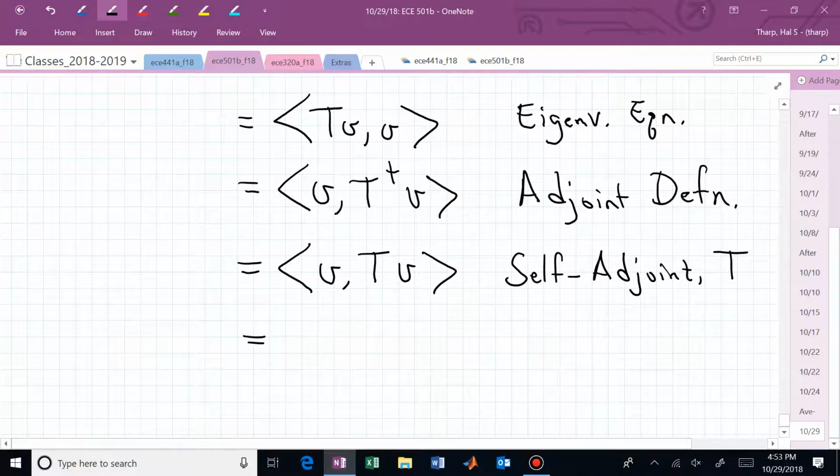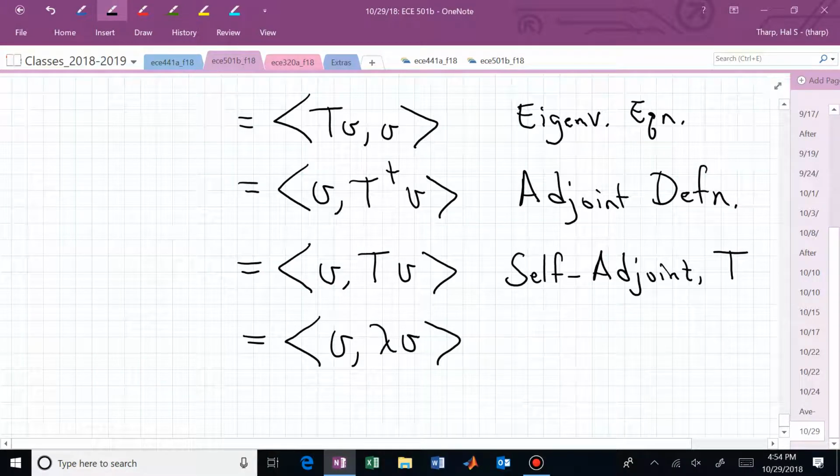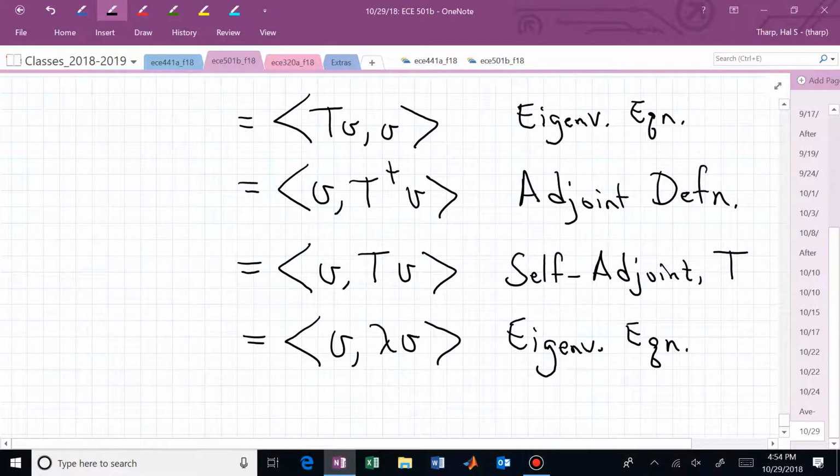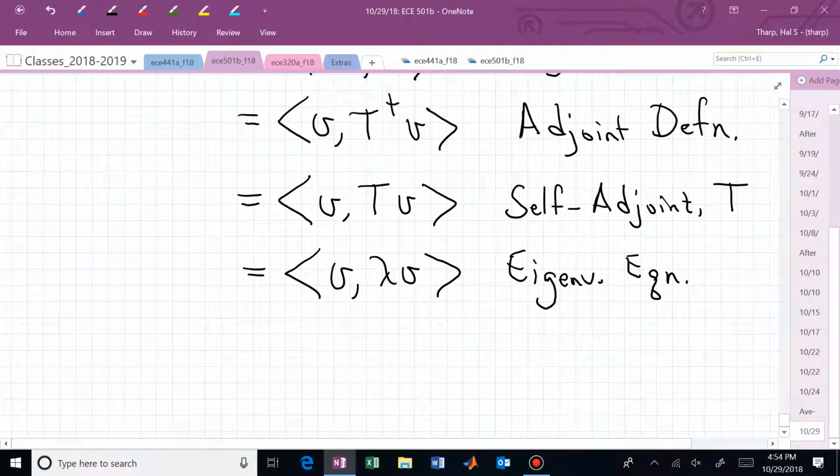Well, what's TV? Lambda v. So now I have this. Now I've moved lambda, the eigenvalue, into the second slot. And this is just, again, reusing the eigenvalue eigenvector equation. But now what can I say?